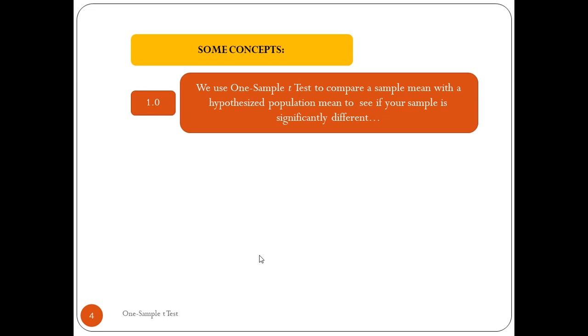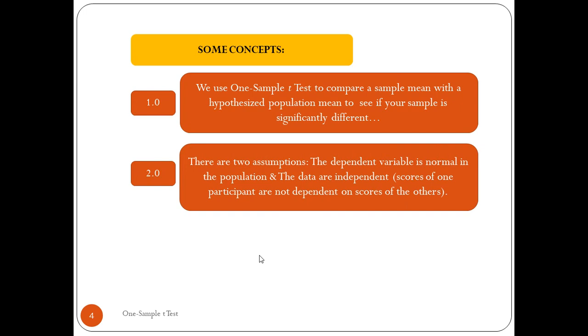So in short, there are two means in this context. You compare your sample mean with the population mean in order to see if it is statistically different from the population mean.